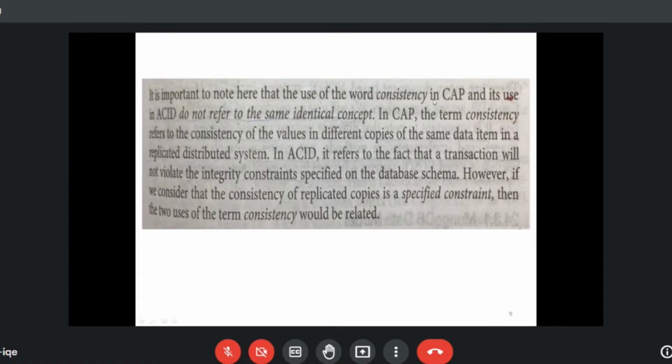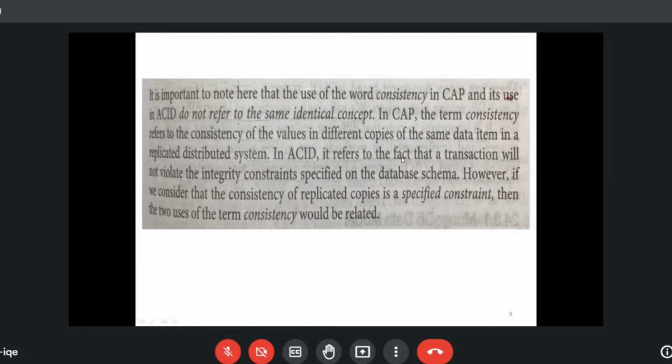So it is important to note here that the use of the word consistency in CAP and its use in ACID do not refer to the same identical concept. In CAP, the term consistency refers to the consistency of the values in different copies of the same data item in a replicated distributed system.